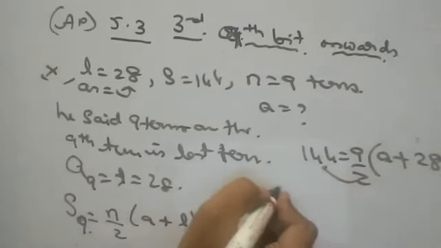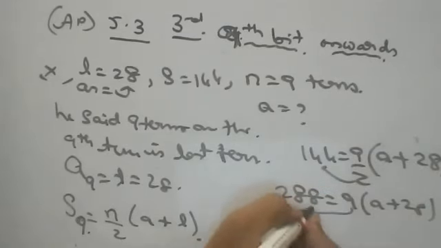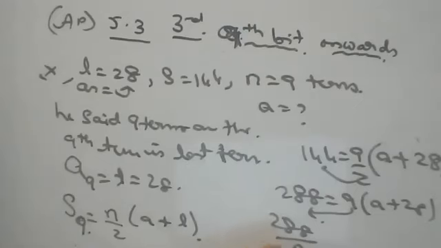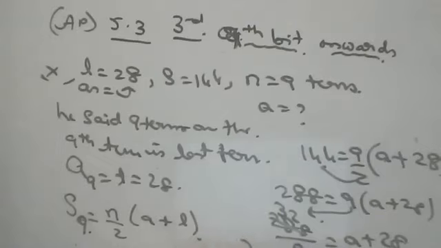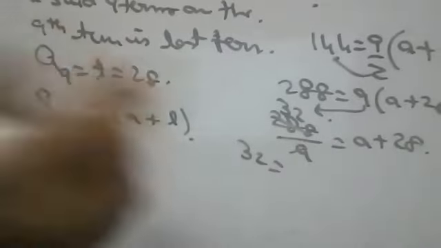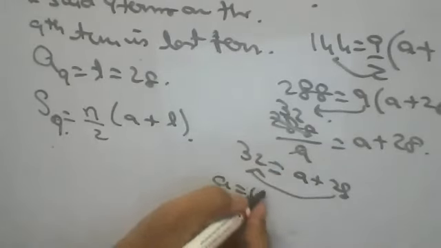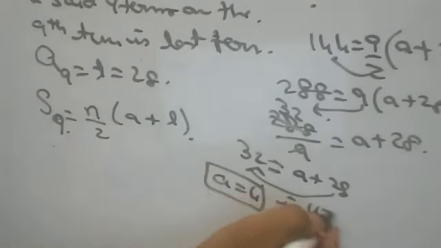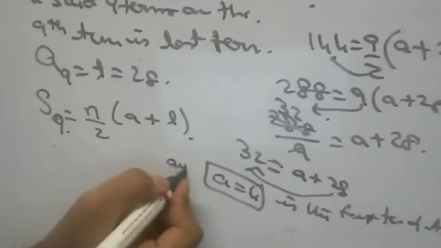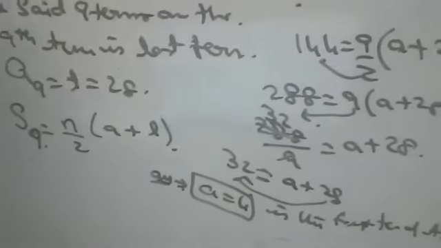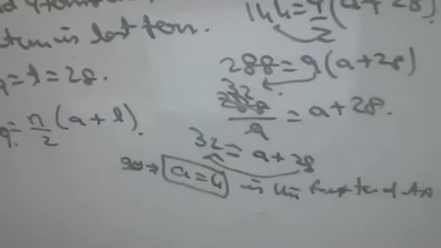Now, children, this 2 will go up: 288 is equal to 9 into a plus 28. 9 comes down, children. 288 by 9 is equal to a plus 28. 9 threes are 27, 9 twos are 18, 32 is equal to what will we get, children? 32 is equal to a plus 28. This comes here. a is equal to 4 is the first term of the AP. Like this, children, you should do slowly and neatly.